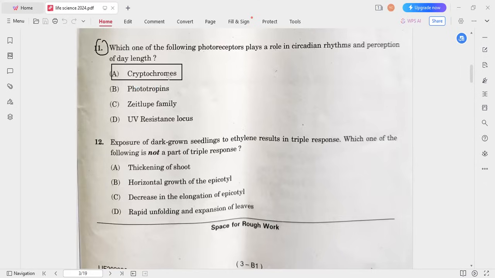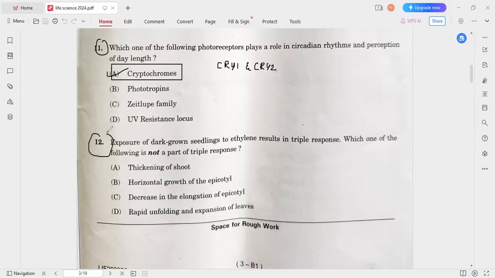Usually, cryptochromes are photoreceptors that regulate the entrainment by light of the circadian clock in plants as well as animals. Two types of cryptochromes are there, called CRY1 and CRY2. So option A, cryptochromes, is the correct answer for question number 11.